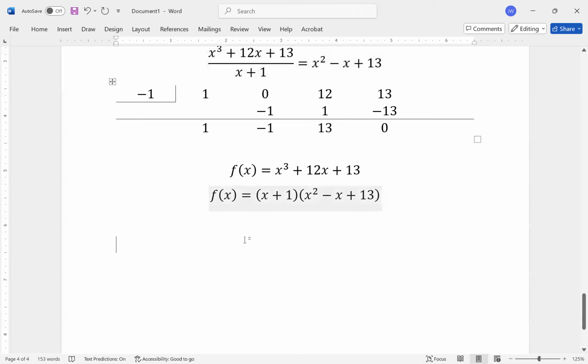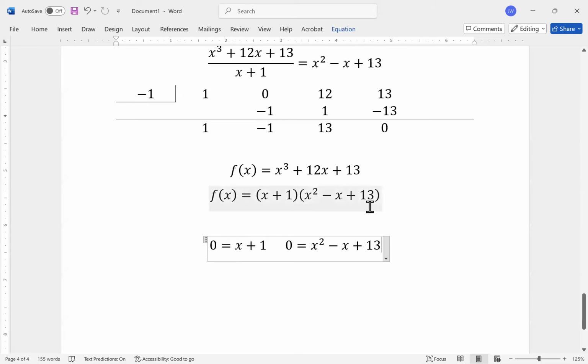And then I do the same thing that I did in the previous case. I would set 0 equal to both x plus 1 and 0 is equal to x squared minus x plus 13. I'm doing that because x squared minus x plus 13 does not factor over the integers.